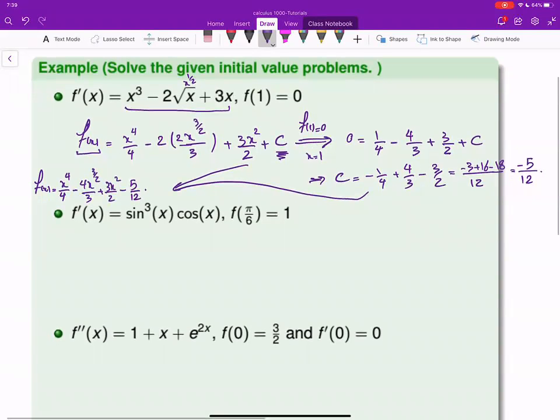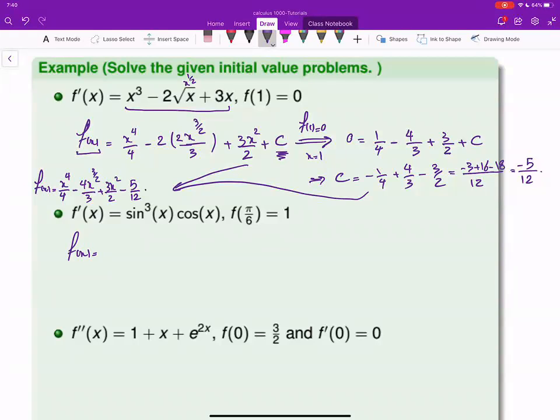Here, f prime is given. I want to find f, the function itself. So I have to find the antiderivative of sine to the power 3 of x times cosine x. At first sight, you notice that's a product of two things.